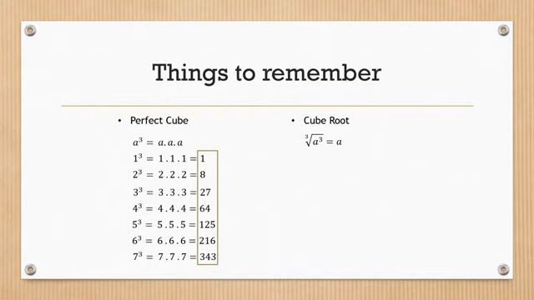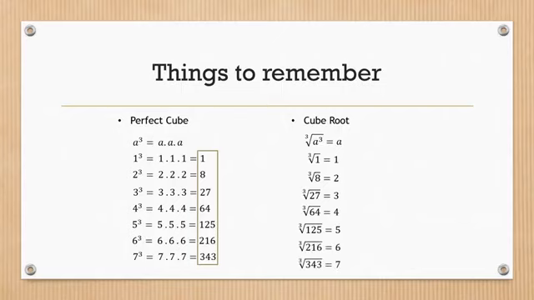So if you have a raised to the power of 3 and take the cube root, that is equal to a. The cube root of 1 is 1. Look at 8, a perfect cube, right? Its cube root is 2, because 2 times 2 times 2 gives 8. The cube root of 27 is 3, 64 is 4, 125 is 5, 216 is 6, and 343 is 7.